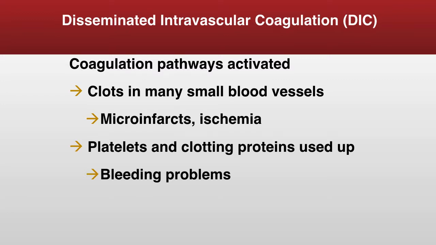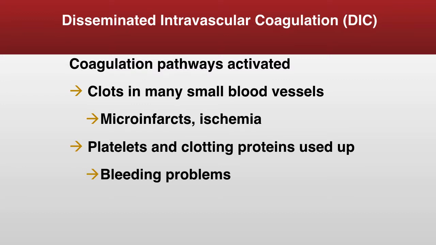When all of the platelets and the clotting proteins have gotten used up, then this changes into bleeding difficulties. And so this patient that just a little while ago was clotting like there's no tomorrow, now all of a sudden is bleeding out of every orifice that there is.